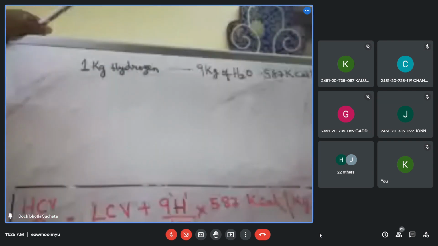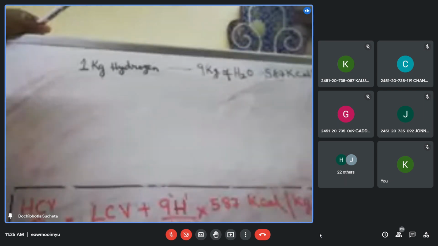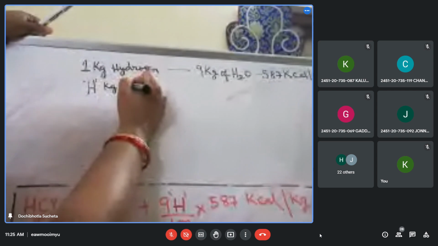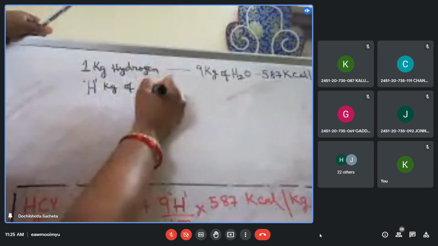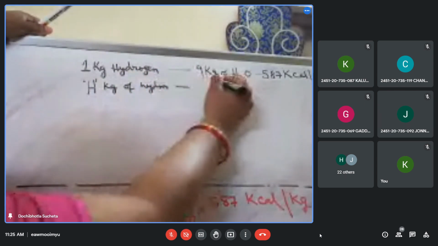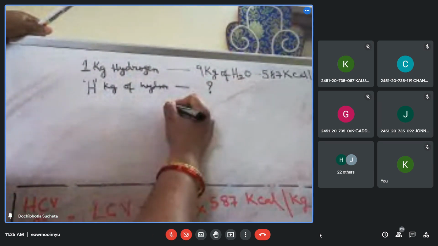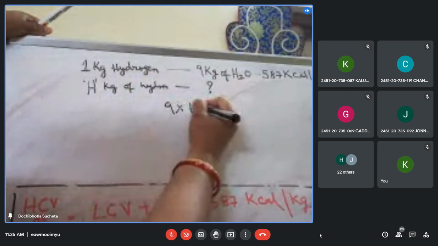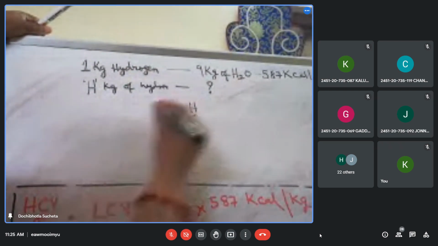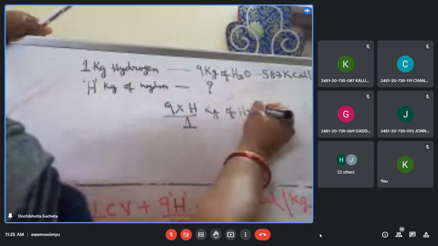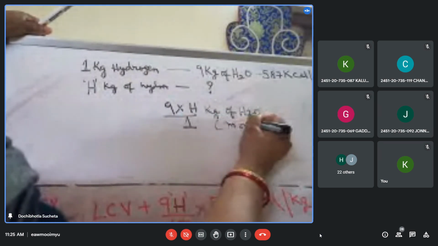Now, if H kgs of hydrogen is present, then it will give how much amount of H2O? 9 into H divided by 1 kgs of H2O, which is nothing but moisture.